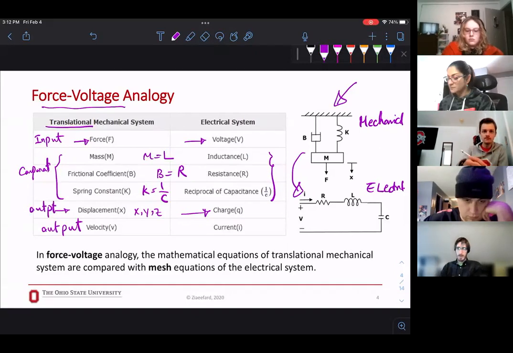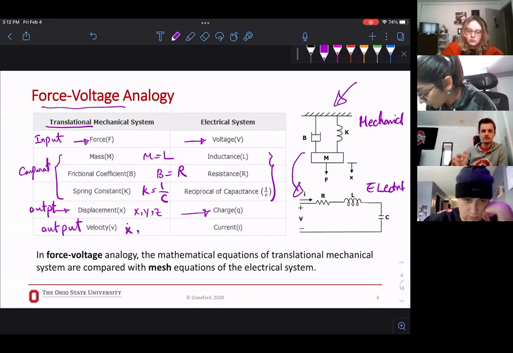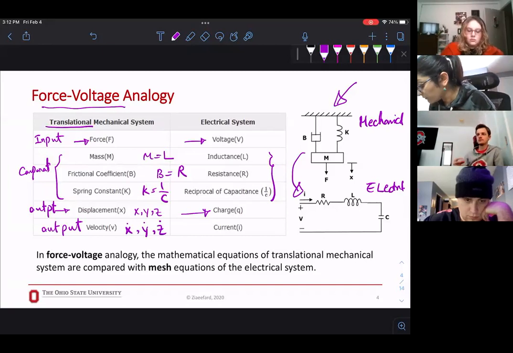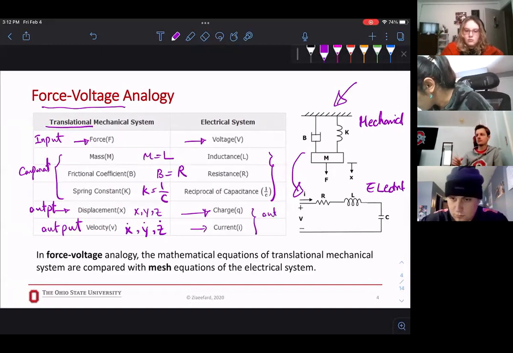Either you could have displacement as your output or your velocity as your output. So it's X dot, Y dot, Z dot, right? Those are the only 2 things that we could have as output in our mechanical system for second order systems. Then in the equivalent system, you will have the current as output. So these are your outputs.